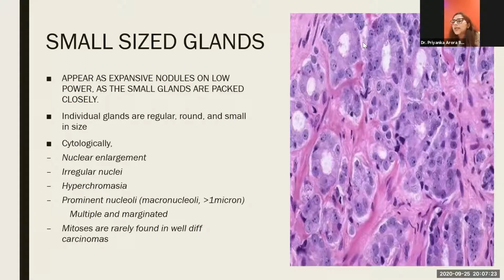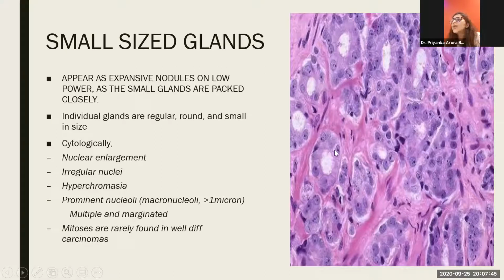Sometimes when you do see these nuclei, they can be enlarged, irregular, with hyperchromasia or prominent nucleoli. Prominent nucleoli are macronucleoli more than 1 micron in size, and they can be multiple also. Mitoses are very rarely found in well-differentiated carcinomas.